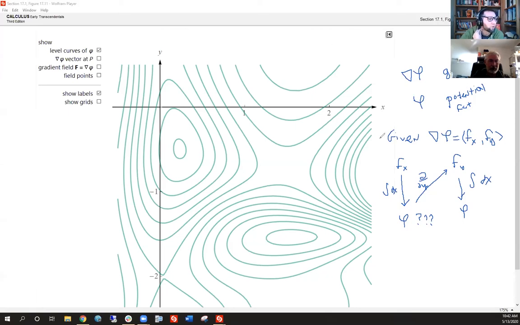Okay, so back to the picture. So remind me again, what do all these curves represent? Vectors? So these are vectors. These are all tied to the level curves. Level curves of the potential function.